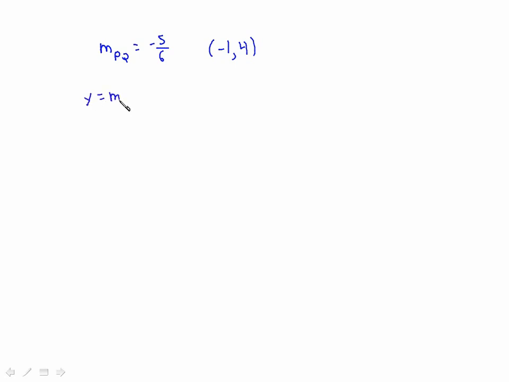So y is equal to mx plus b. Sub in our values. So 4 for the y is equal to m, -5 over 6, times x is -1, plus b. So 4 is equal to 5 over 6 plus b. And get a common denominator between those two, or else use your graphing calculator.